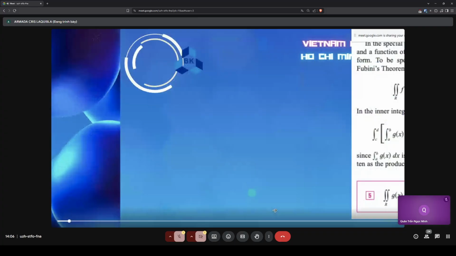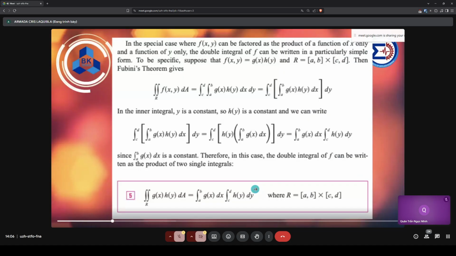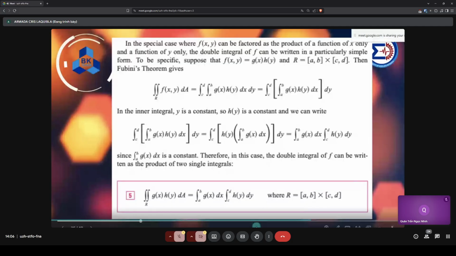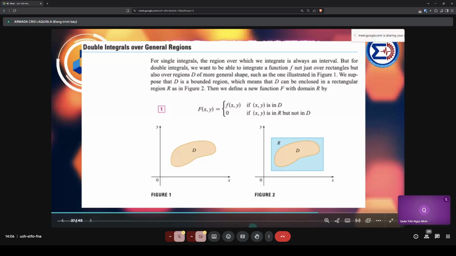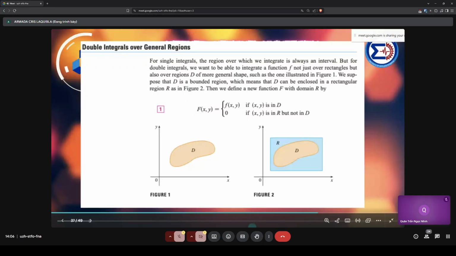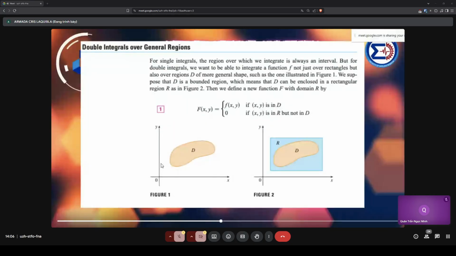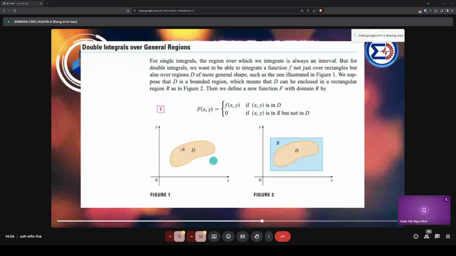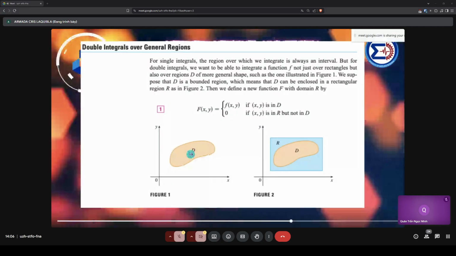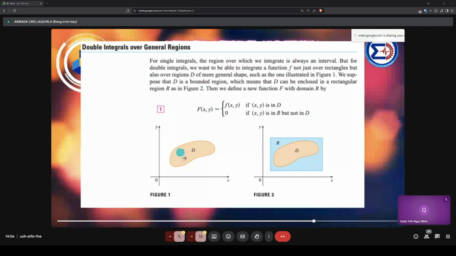Okay, now we stop at 37, which is this one: double integrals over general regions. So what if your region is not a rectangle anymore? What if it looks like this, the region D here?